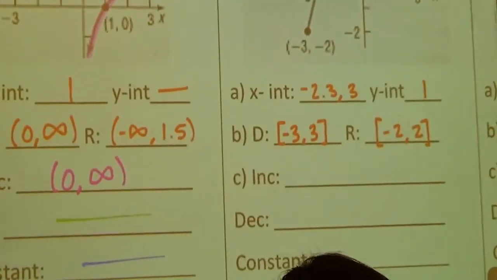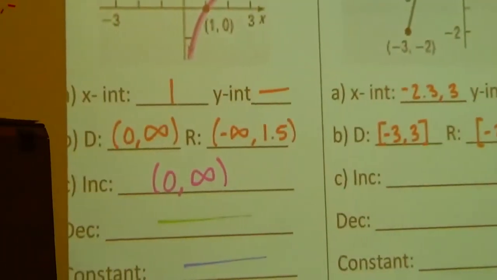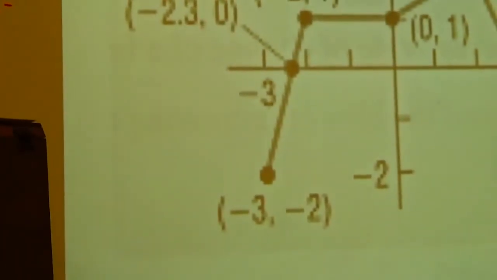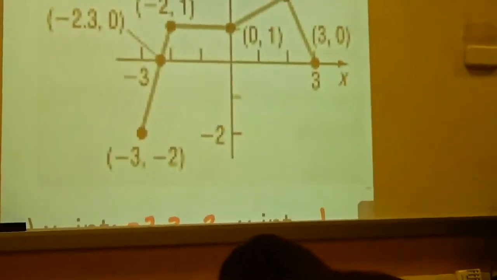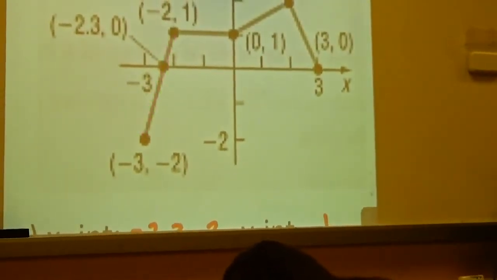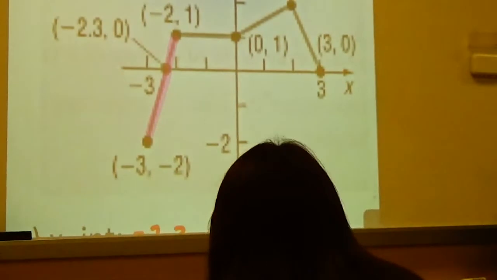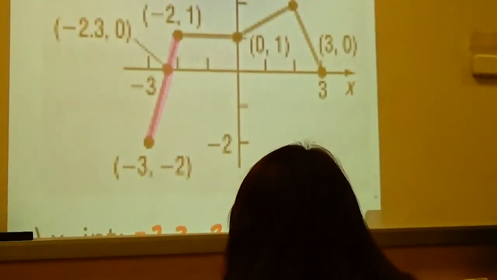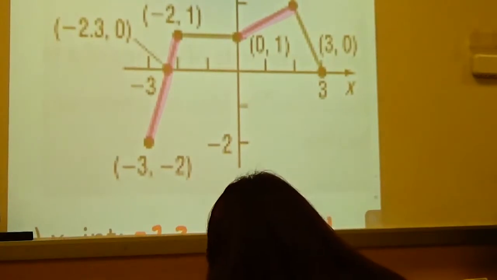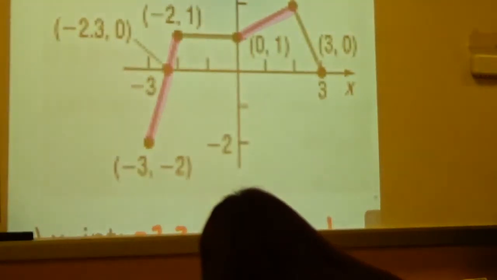All right, now we've got increasing. How many places does it increase? 2. Did you count this as 2 pieces? Since it doesn't change from increasing to constant or increasing to decreasing, just keep it as one long thing.